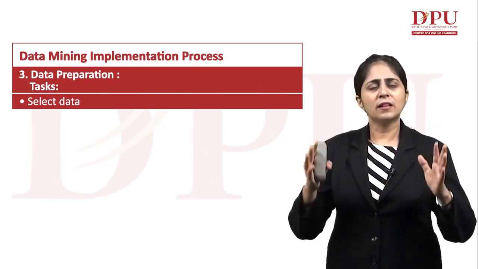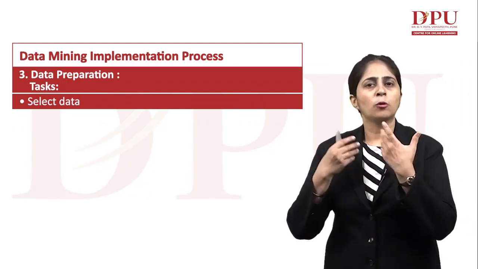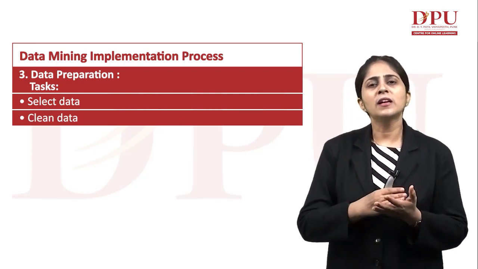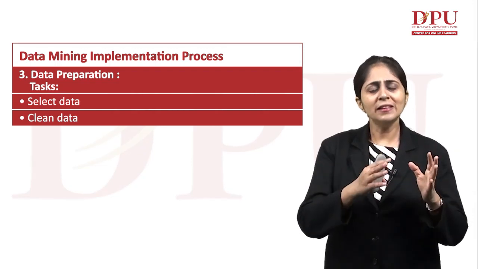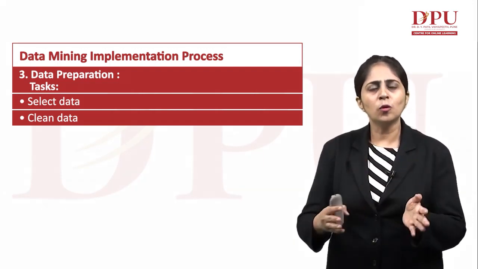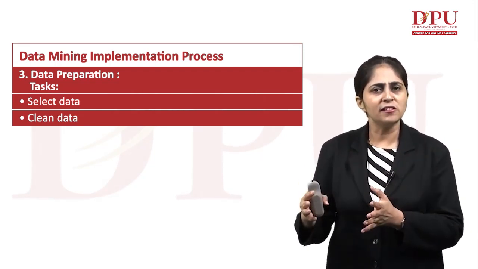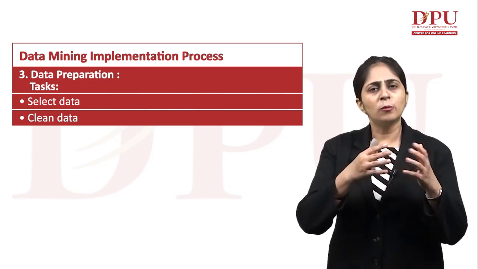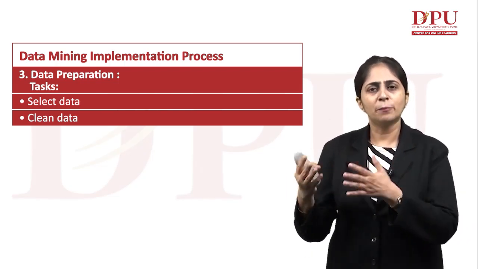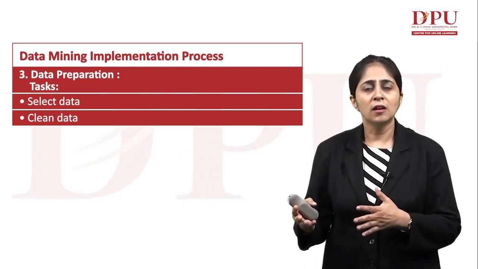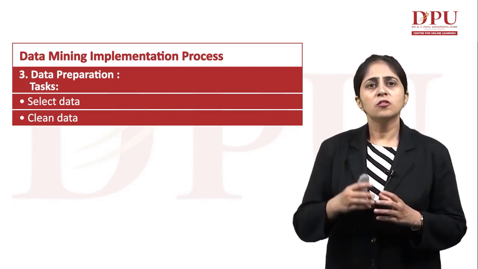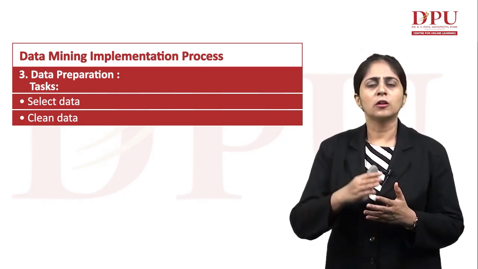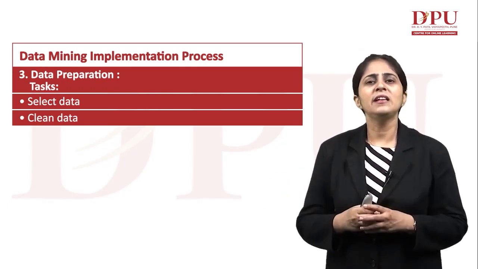Now, once the data which we want to analyze is selected, we have to clean the data. Cleaning the data means this data is going through these intelligent systems, going over the network, being passed from one system to another. So a lot of noise comes into that data. So we need to remove that noise and clean our data.